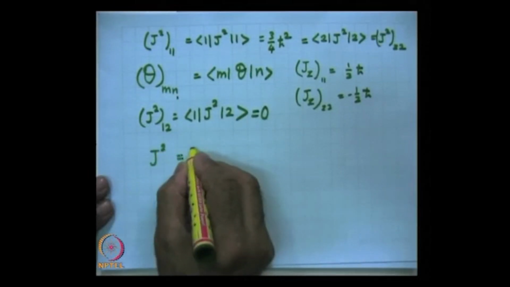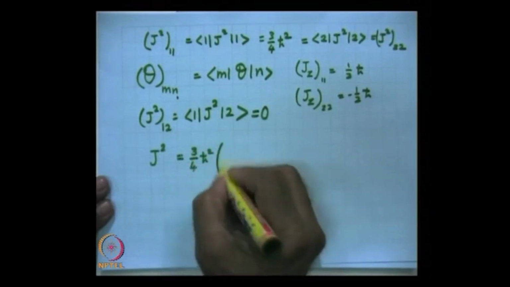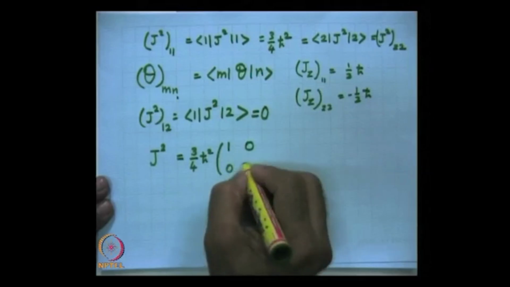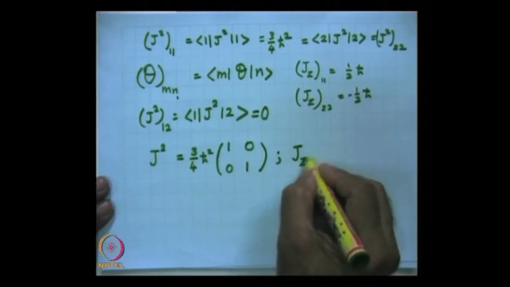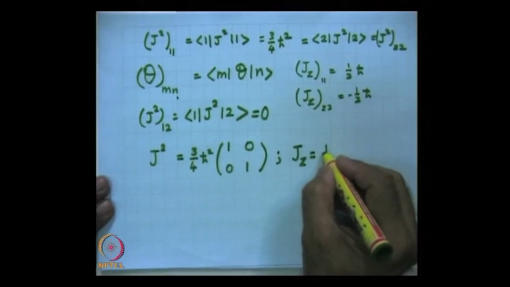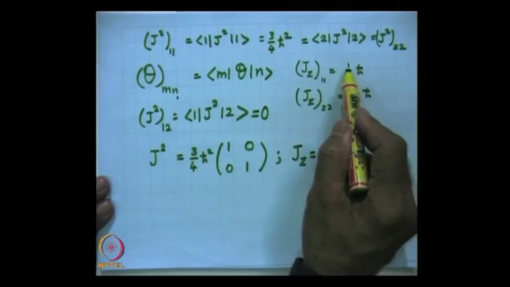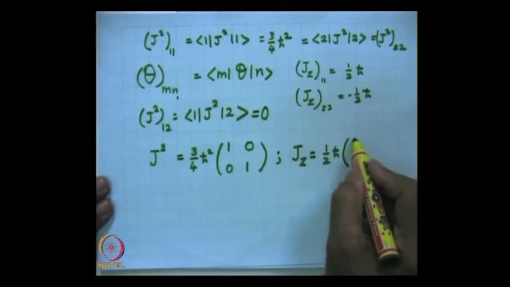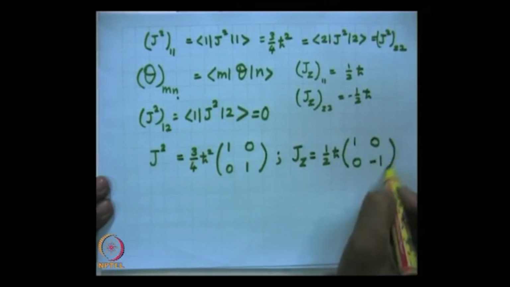This will be 3 by 4 h cross square times the matrix 1 0 0 1, and the corresponding operator representation for J z is half h cross and minus half h cross, so 1 0 0 minus 1.